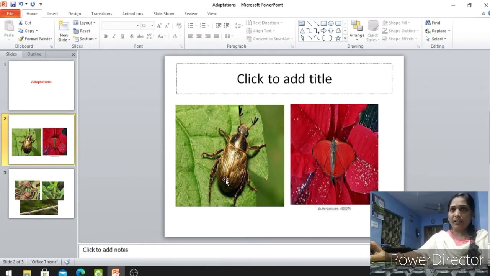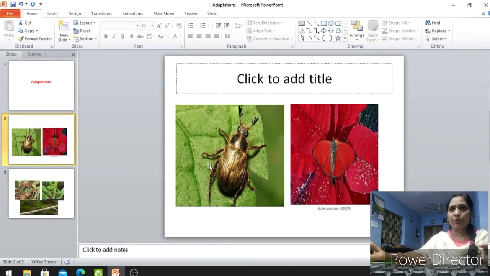For example, take this beetle. It lives in dry conditions. In such areas, to survive, it has a tough coating on the body. This tough coat of the beetle helps it survive in dry conditions. So this is one of the adaptations the beetle acquired due to its surroundings, its environmental factors.